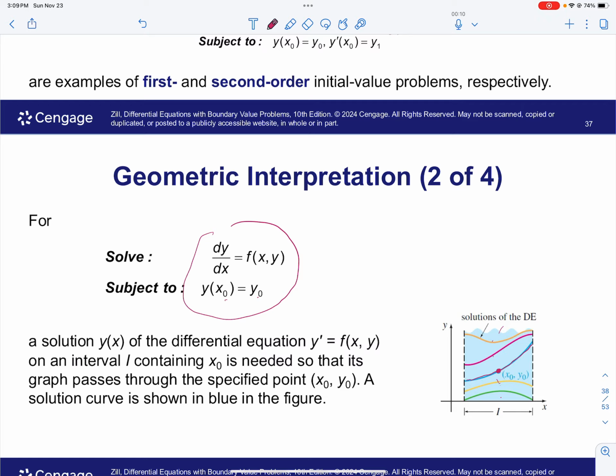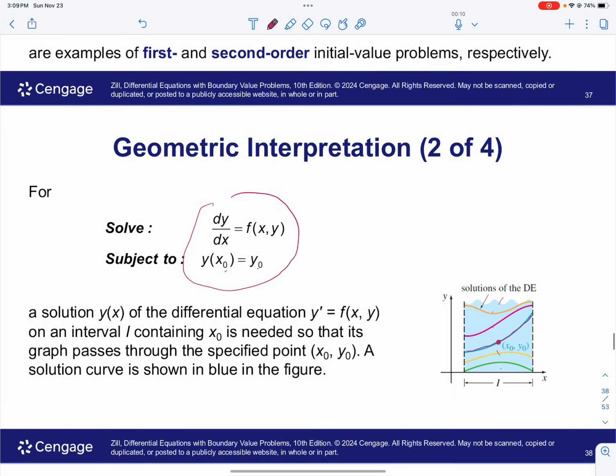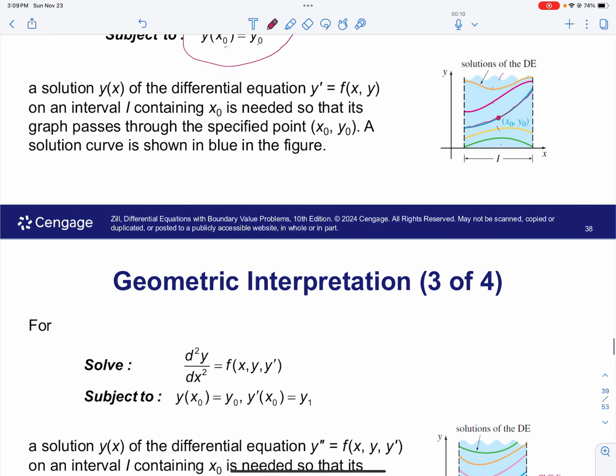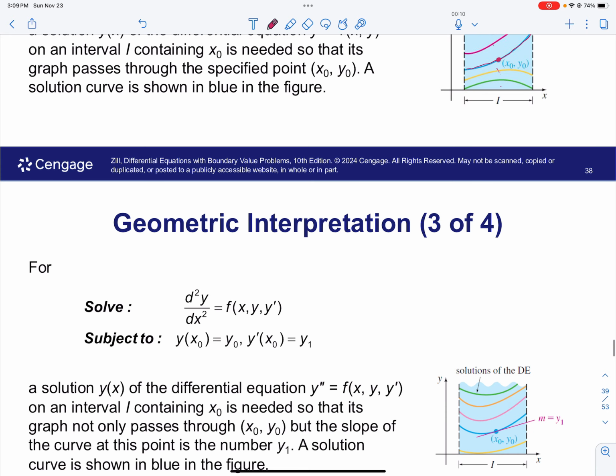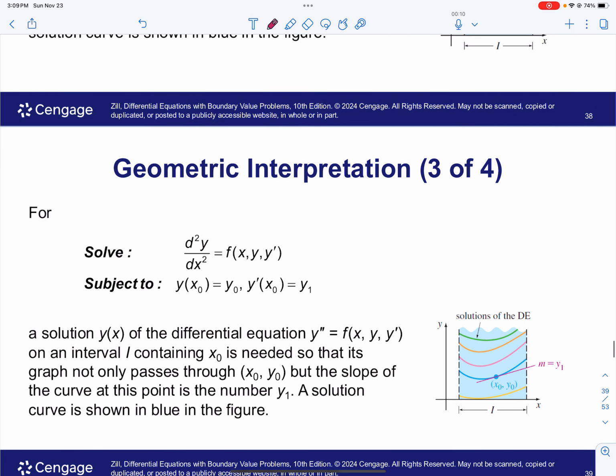Then we ask who cleaned the room, and maybe only 1 is left. So for the second order differential equation, we have 2 conditions, and if they satisfy both conditions, most likely there is only one solution.